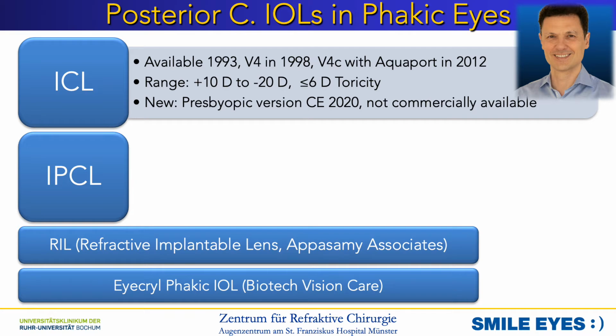So the ICL has been available since 1993, and it comes with an aquaport, a hole in the center, since 2012. It has a range of +10 to -20 diopters with up to 6 diopters of toricity.